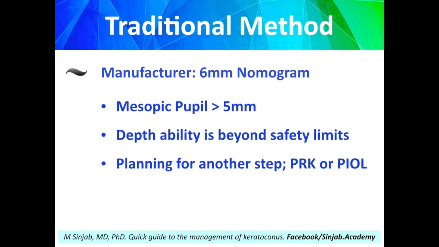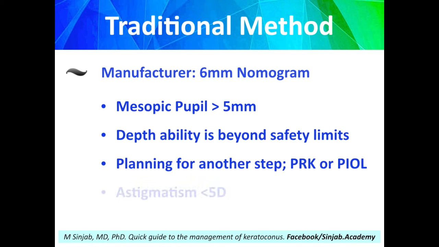Fourth, the manufacturer recommends the 6 mm type when the mesopic pupil is larger than 5 mm, and this is true. When the depth ability is beyond safety limits, and this is also true. And when we are planning for another step like topography guided PRK or phakic IOL, and this is also true.